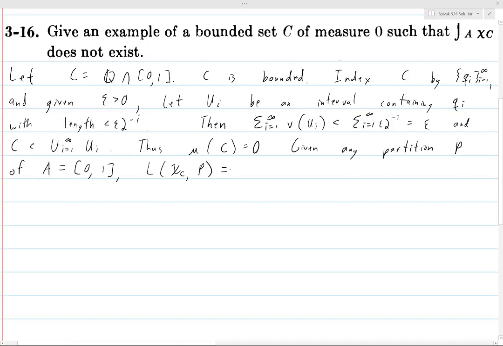Well, given any particular set in the partition, it contains rational and irrational points.